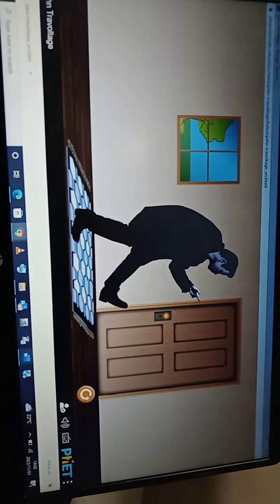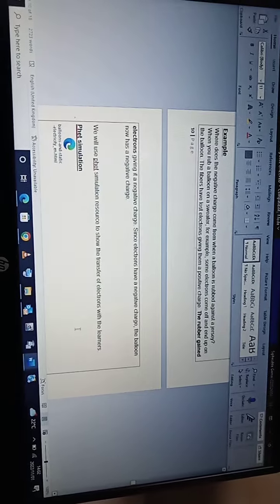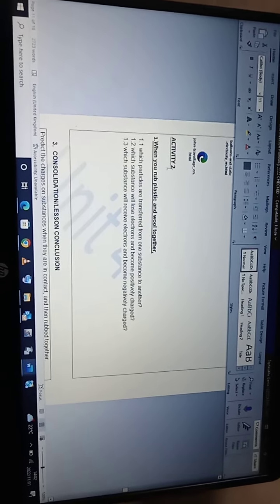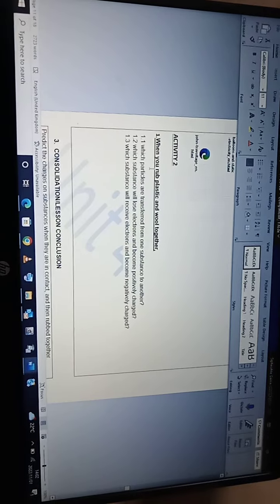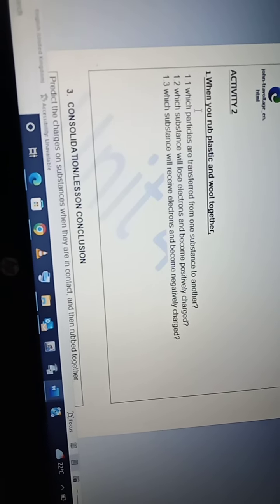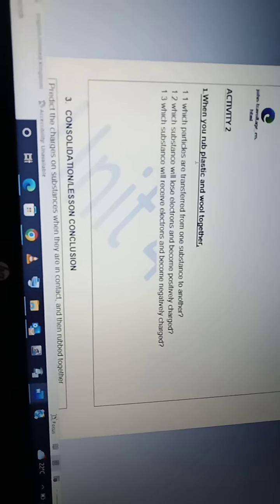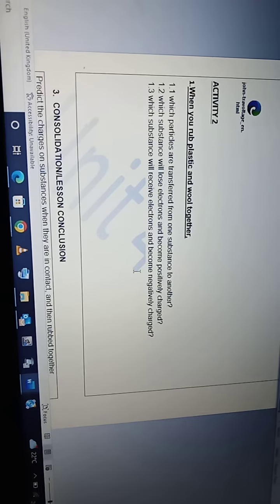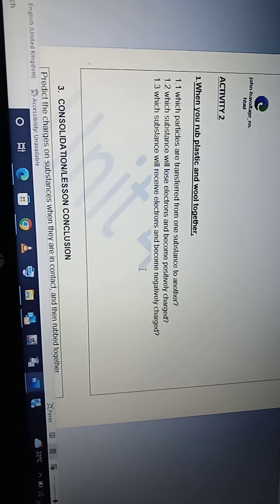Now we're going to answer some questions with the learners here. I've included the activities, activity 2. We've done this with the learners, but we're just going to go through the questions, both of us. Here's the question: when you rub plastic and wool together, I think everyone should be clear now what is happening.